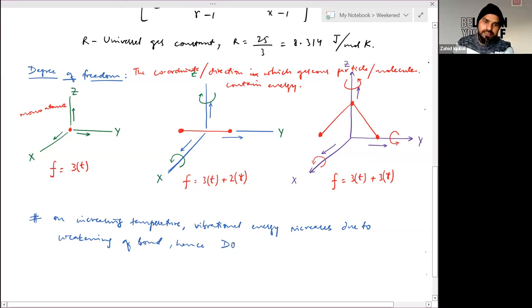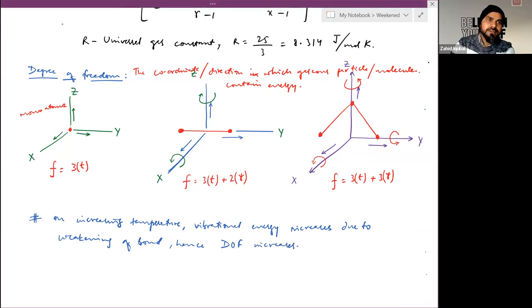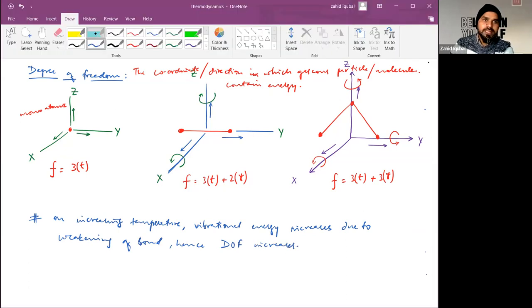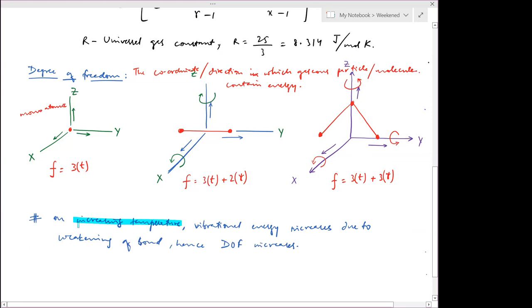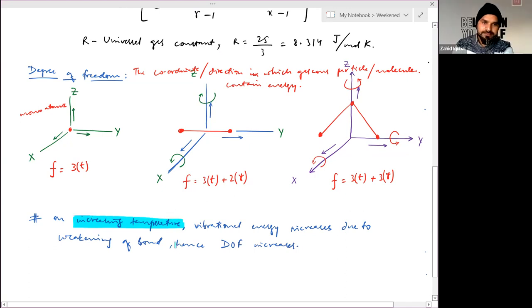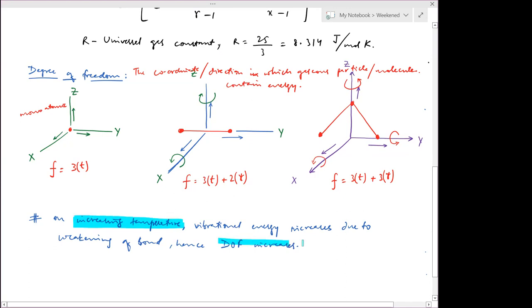Hence, degree of freedom increases. Aisha, any doubt? No, sir. Saifullah, is it clear? Yes, sir.